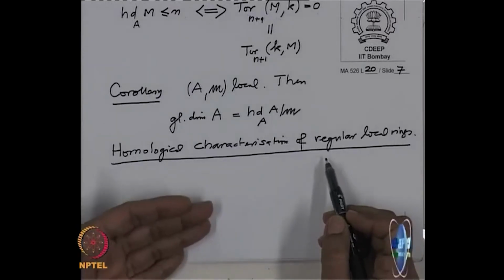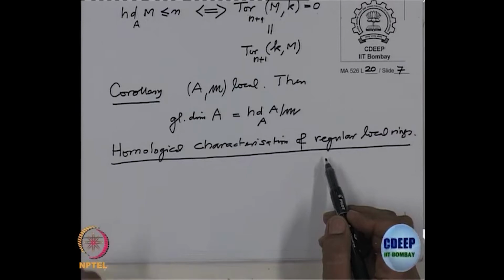So we took an affine algebra, wrote it as a quotient of a polynomial algebra, and then in terms of those equations we defined a matrix using differentiation, and found an upper bound for the rank of this matrix. When the upper bound is attained, that is precisely equivalent to saying the ring is regular at that localization.